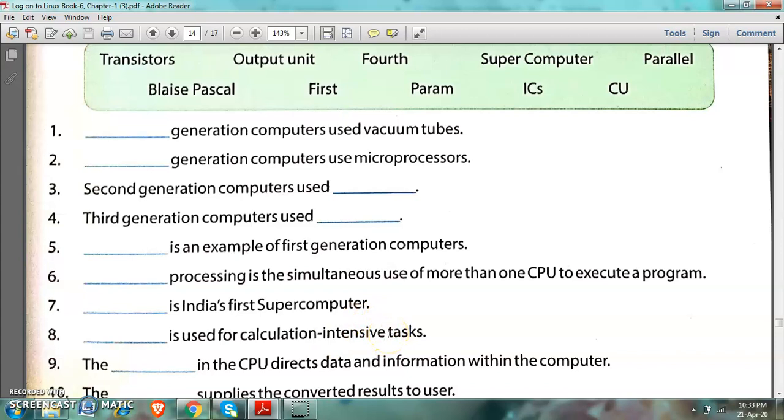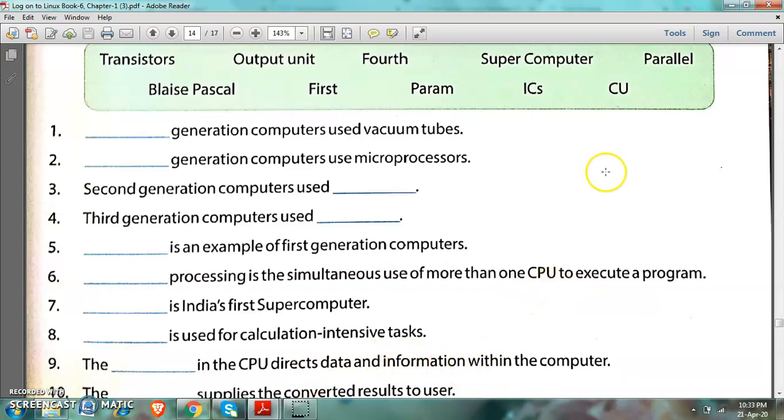When we were reading the chapter, I told you the use of supercomputers, and it was one of the tasks done by supercomputer along with the forecasting of weather. So here the answer will be supercomputer. Now number 9. The dash in the CPU directs data and information within the computer.